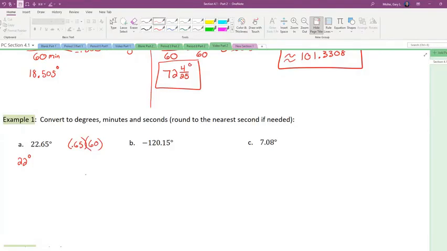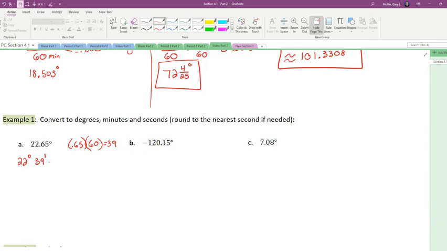So 0.65 times 60 is 39. No decimal, so we don't have seconds. This is an exact 22 degrees, 39 minutes. So 22 whole degrees and 39 little wedges of the next degree.